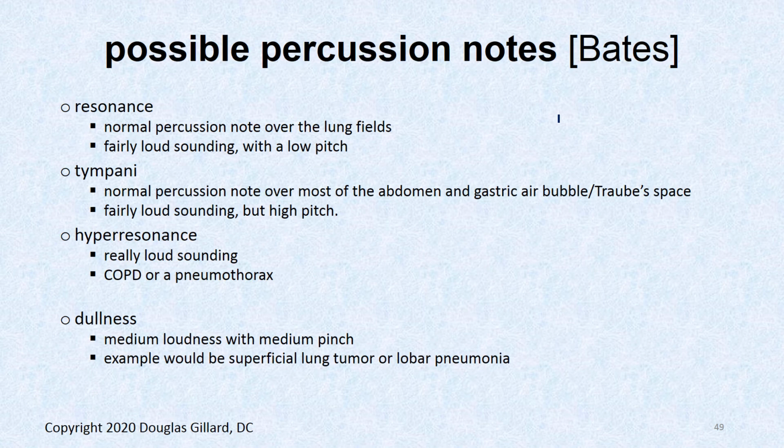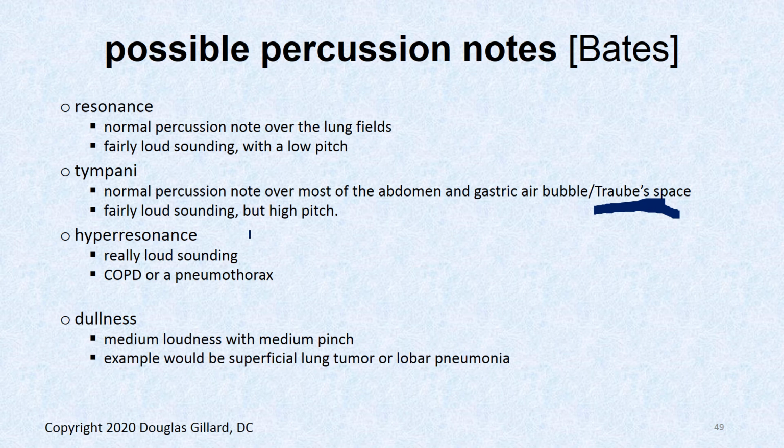Possible percussion notes. Well, resonant. It should be, in fact, everything should be resonant on the back. There's no cardiac dullness or liver dullness that we're going to hit. When we go to the front, we're hitting a lot of dullness. Except on the front, we know we have Traube's space that could percuss as tympanic.